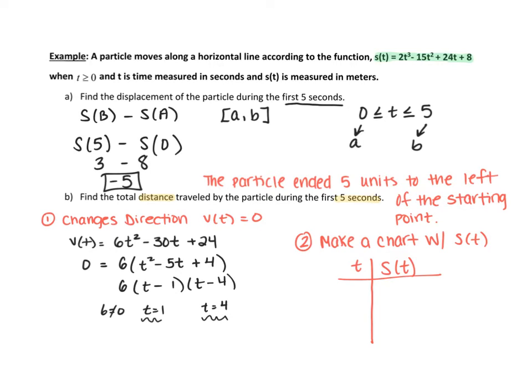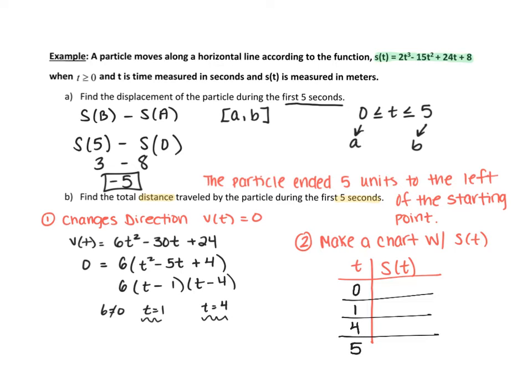All right. The first value is going to be the first point of the interval. So the interval here is the first 5 seconds. So the first value is 0, and the last value is 5. And then in between, we need to put where it changes direction, which is at 1 and 4.